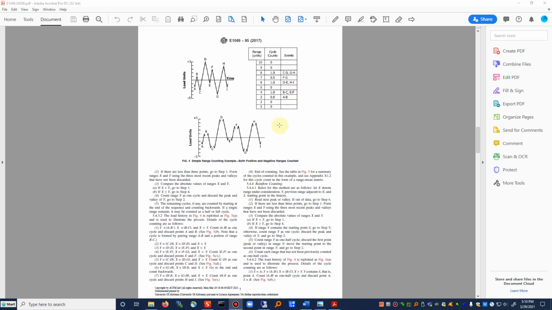And then they get into rainflow cycle counting, and this is their algorithm for counting cycles. So all of this is basically what we have done in our algorithm, hopefully in a much more understandable way.